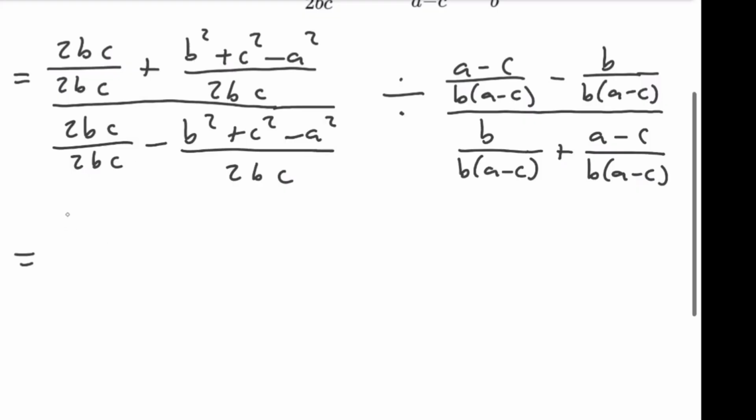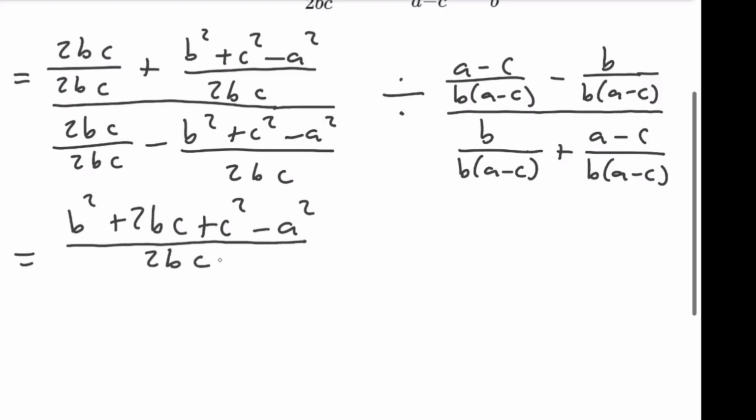So this will be b squared plus 2bc. You'll see why I order it that way, plus c squared minus a squared all over 2bc, and that's all over.